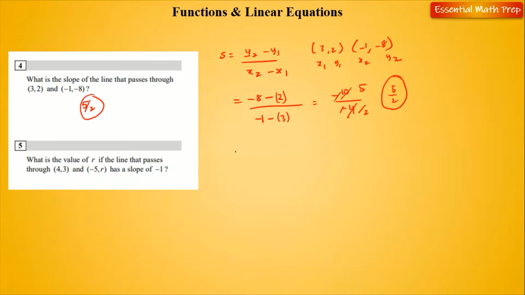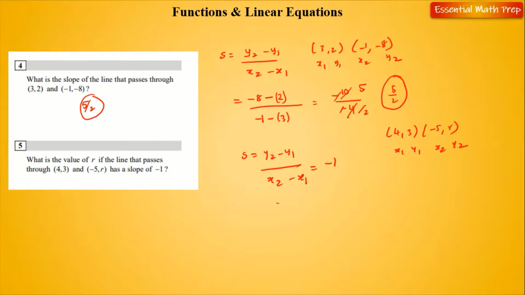What is the value of r if the line passes through these points and has a slope? So we know slope equals y2 minus y1 over x2 minus x1. We know our slope is -1, and we know our ordered pairs are (4, 3) and (-5, r). So x1, y1, x2, y2. If you put these in the slope form and equate it to the slope of -1, then you should be able to determine the value of r.